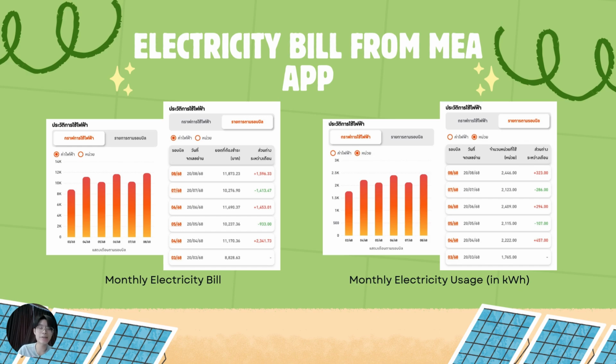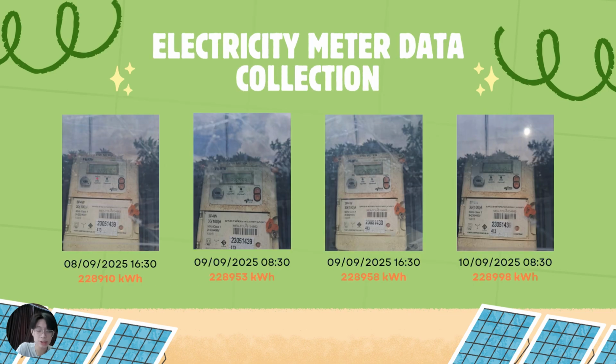I have been changing from staying at home to being at my condo, and also my brother just went back to America. So this is why the electric bill usage has changed if you compare August with September. But we'll only be referring to September because we took the cumulative unit usage of the electricity only in September. So we'll only be focusing on this month and project this into monthly and also yearly later on.